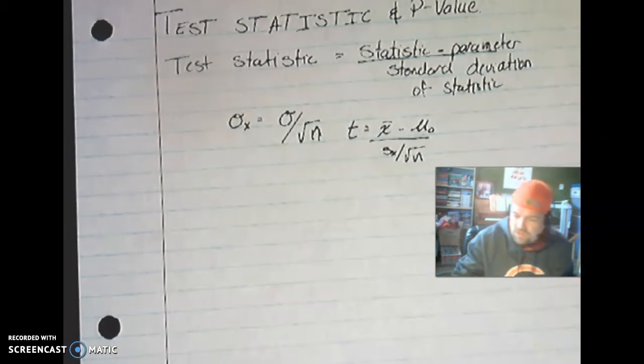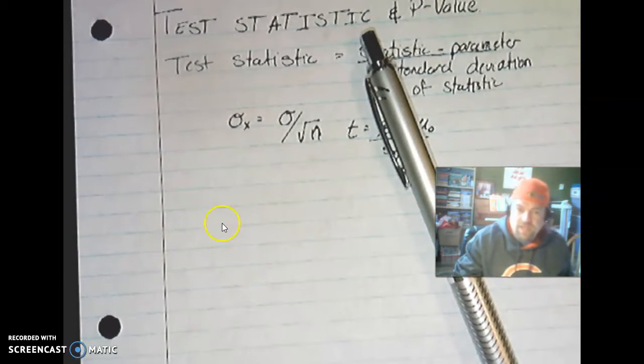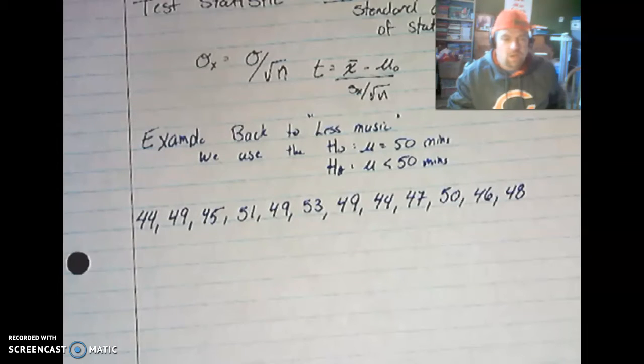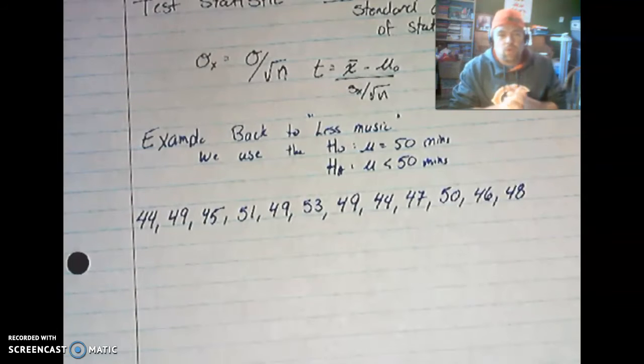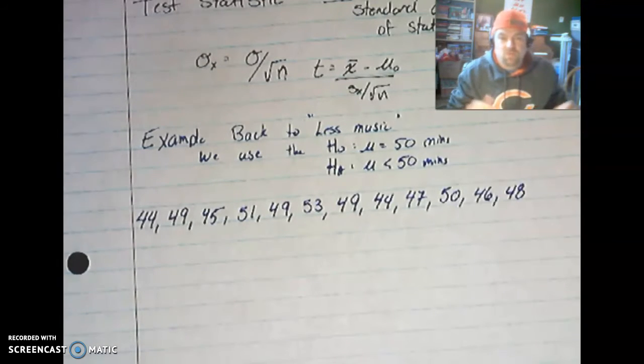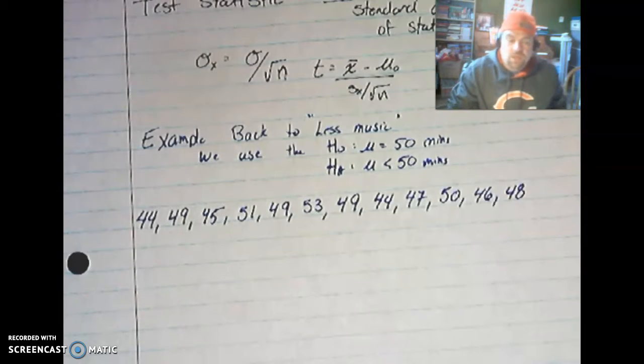Alright, let's do an example. We're going back to our previous example about less music on that classic rock station. Our null hypothesis is that we have a mean of 50 minutes, and the alternative hypothesis is that there's less than 50 minutes. What we're looking at is which one's true.